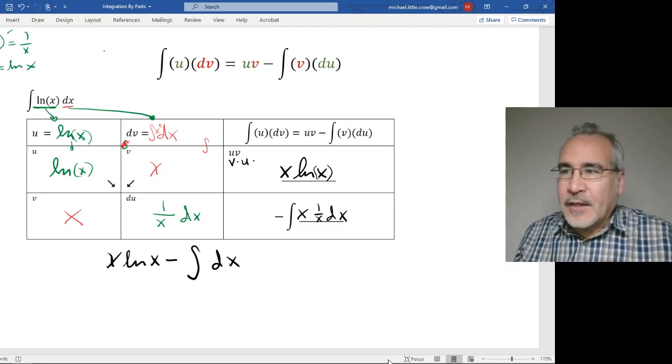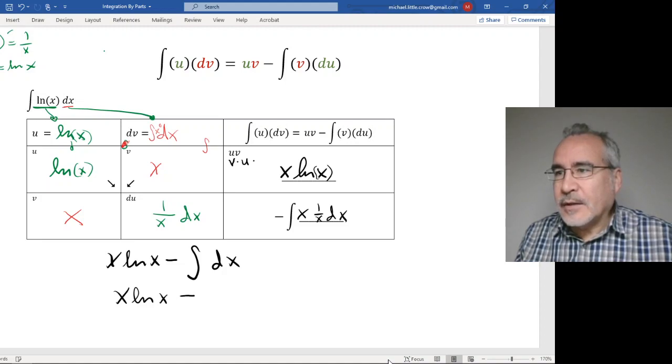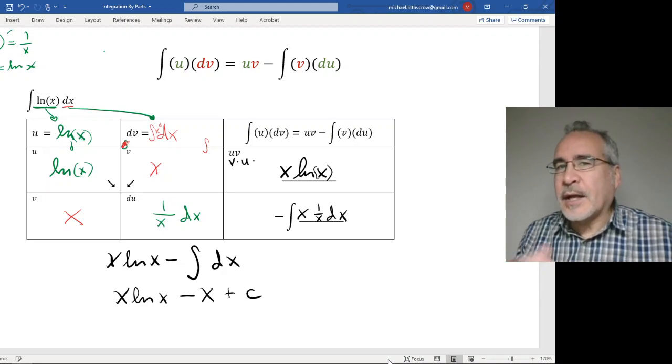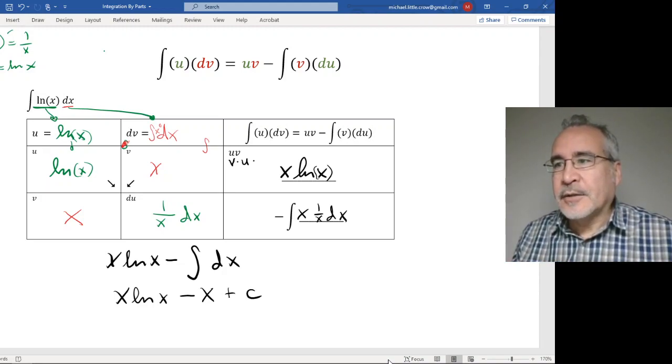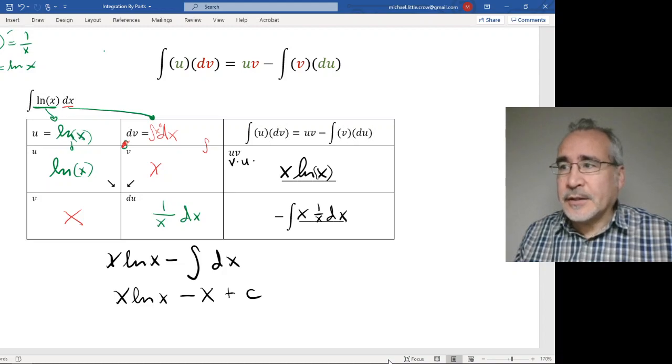In our case, this just integrates into x. So what we end up with is x natural log of x minus x. And again, plus a constant because we're back to an indefinite integral. But that's the answer. That's it.